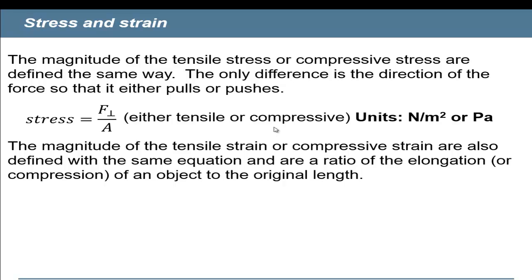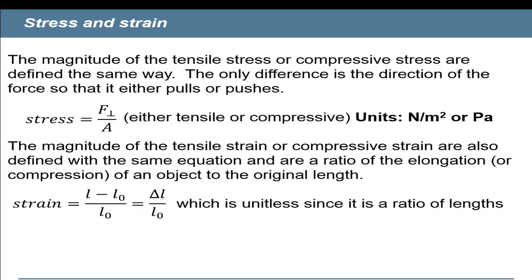The magnitude of the tensile strain or compressive strain are also defined with the same equation, and they're just a ratio of the elongation or the compression of an object to its original length, just like we saw on those previous figures.